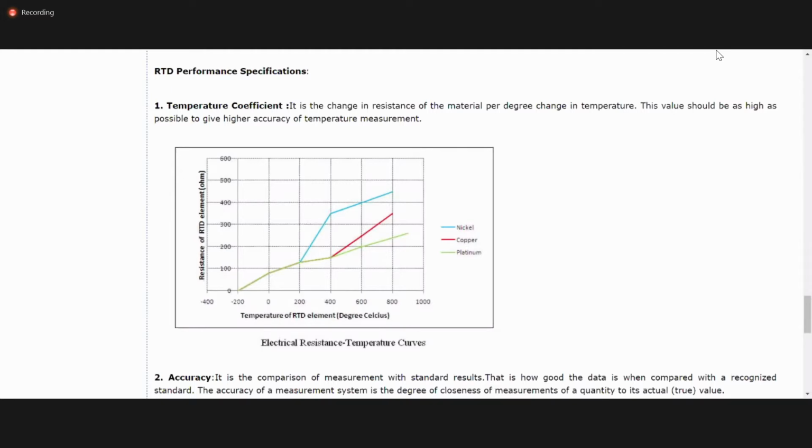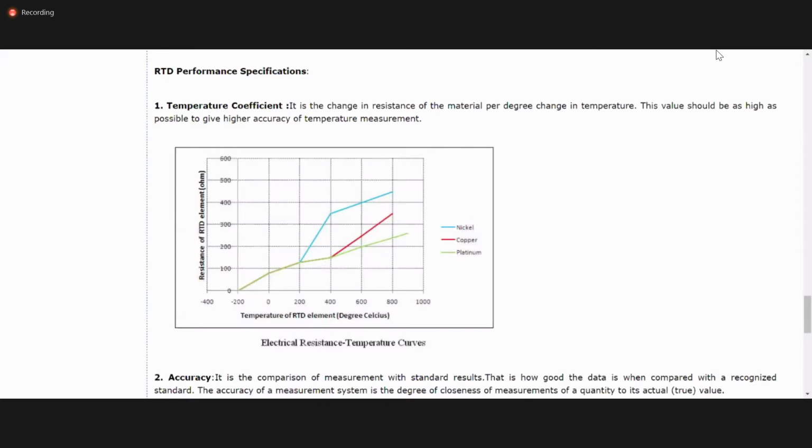Copper and nickel, are they also increasing linearly? Sir, can you repeat it? Platinum is increasing linearly, but copper and nickel are not increasing linearly. They have some different shape. Okay. So in most of the cases we use platinum in RTD. Yes, sir. So temperature resistance coefficient. Okay.